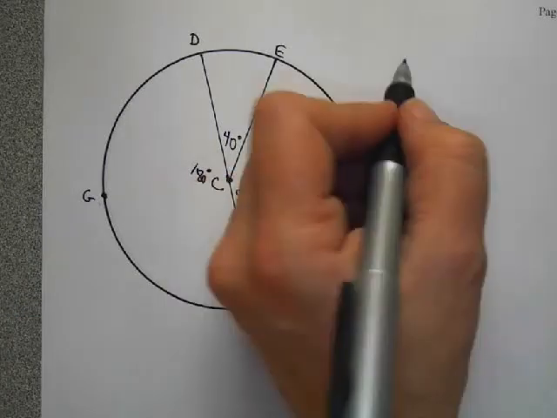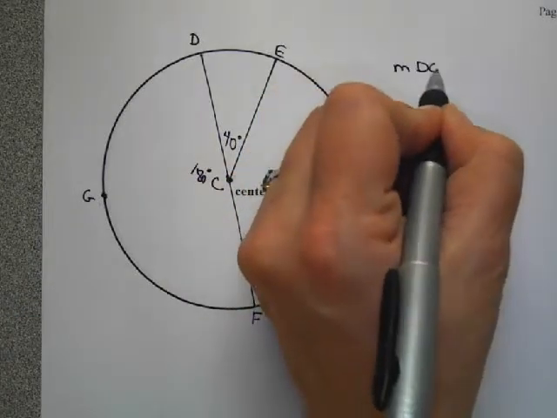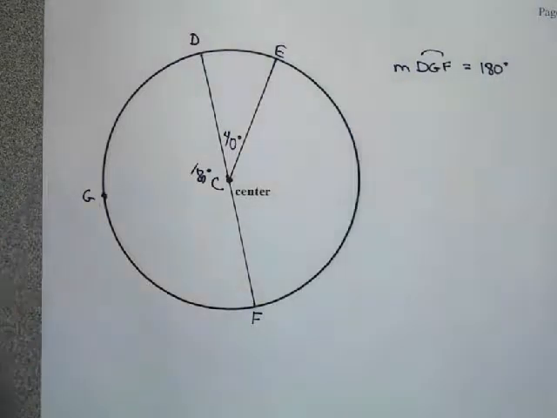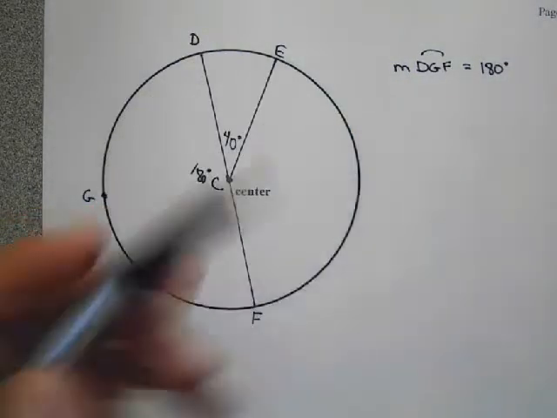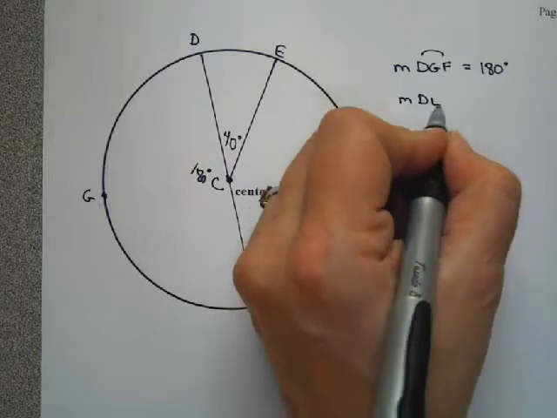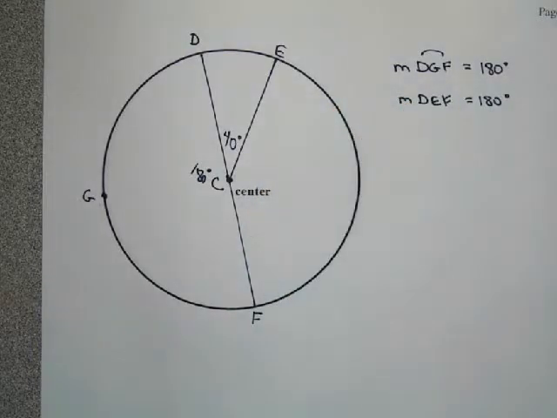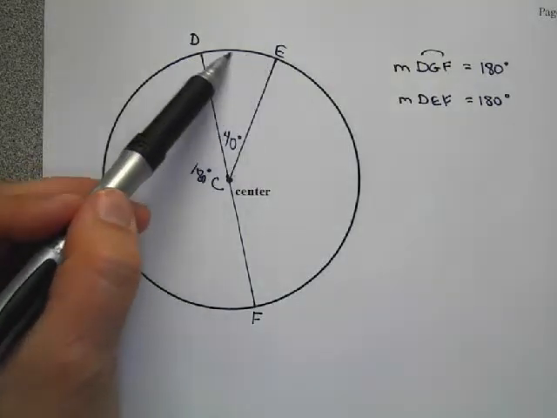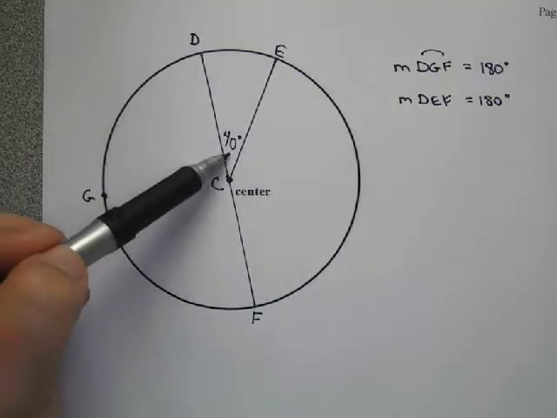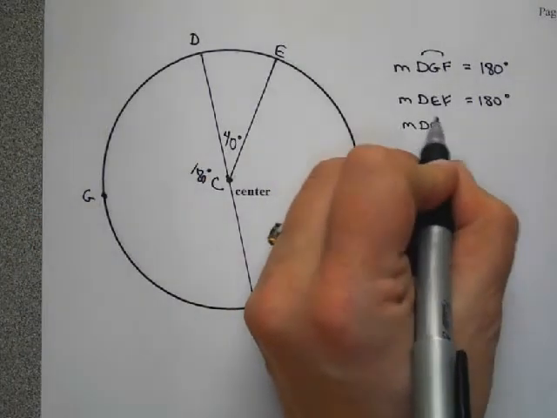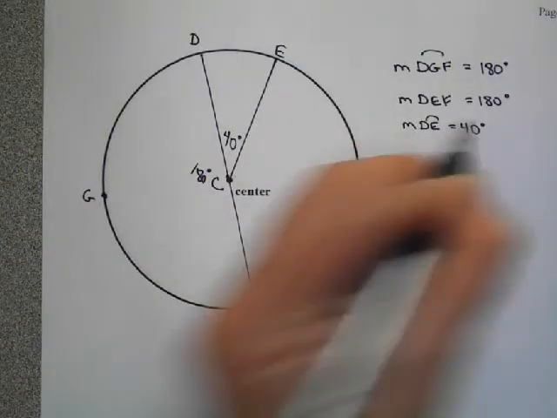So the measure of DGF is 180 degrees. What that also means is arc DEF is 180 degrees. Arc DE would be the same as its central angle, so arc DE would be 40 degrees.